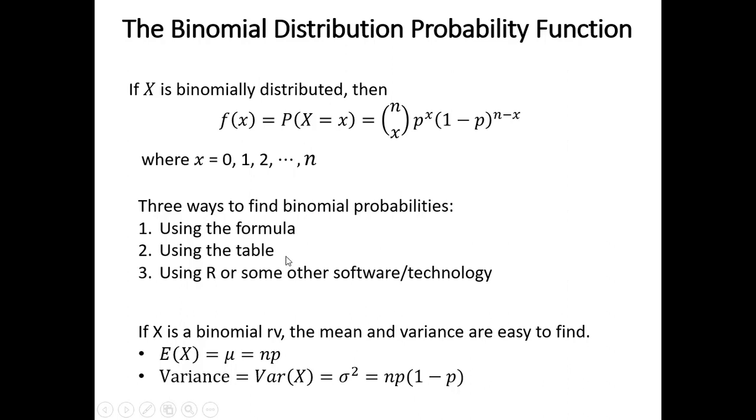So it's extremely important to know how to use the binomial table that's in the appendix of the book. So you'll see examples of this in the notes. And then finally, we could find these probabilities using either R or some other software. Excel does a pretty good job with these. Lots of other software that'll do it. Or some technology, calculators that do statistics, also pretty easy to use to find binomial probabilities.